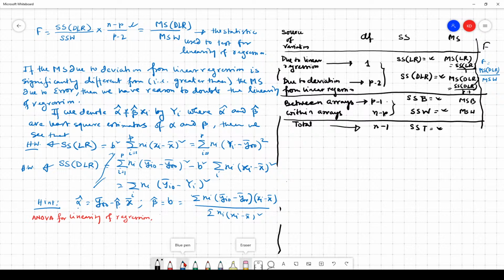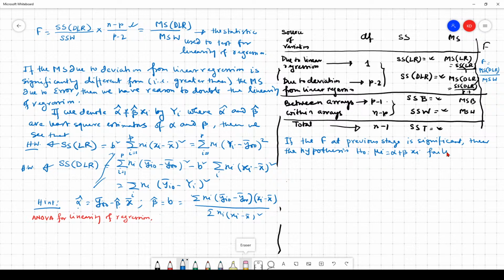That is, if the F at the previous stage is significant, then the hypothesis H0, mu y equal to alpha plus beta xi, fails to account for the relationship between x and y.